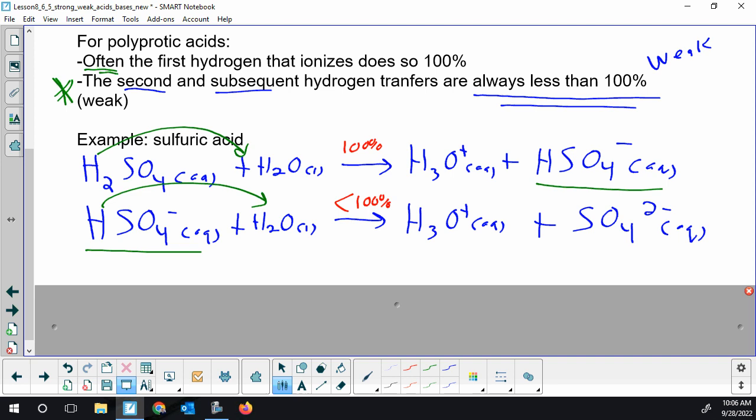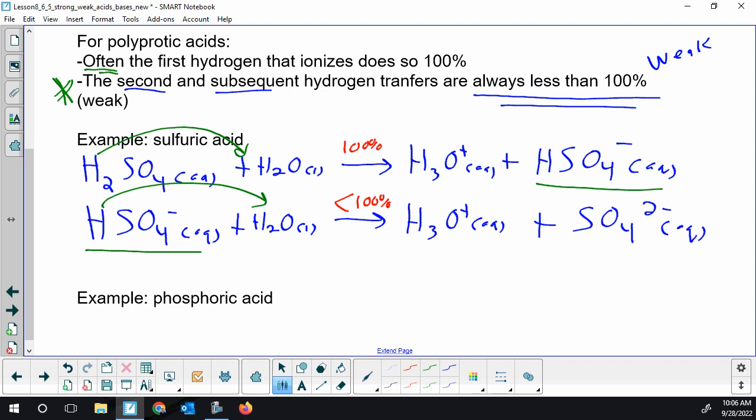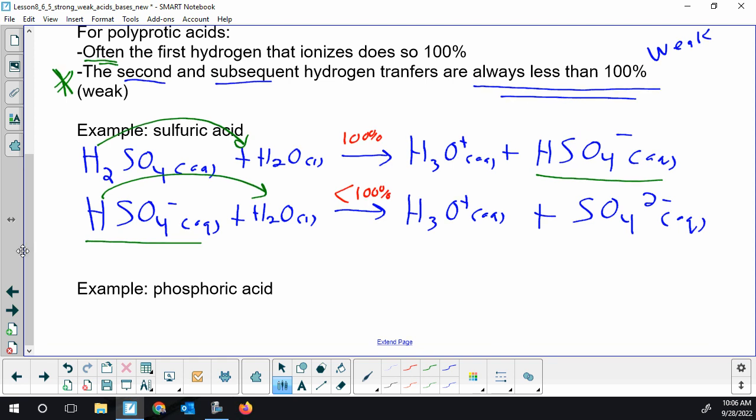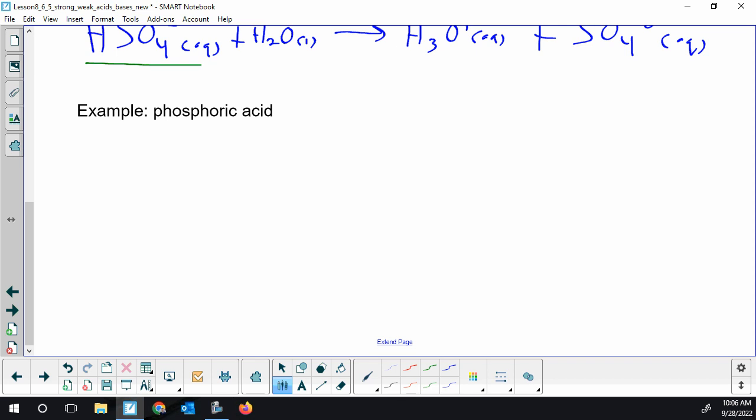So that is nice modified Arrhenius that illustrates the two transfers. I'll do one more polyprotic acid, and then we'll talk about polyprotic bases. Phosphoric acid is a triprotic acid. H3PO4.